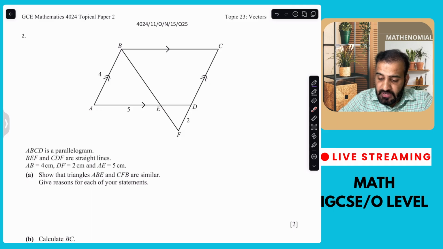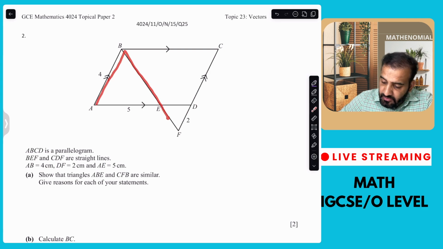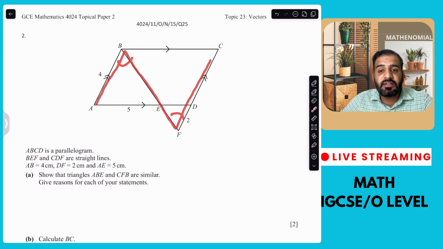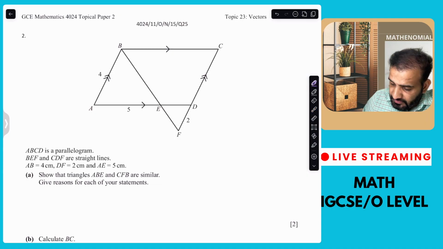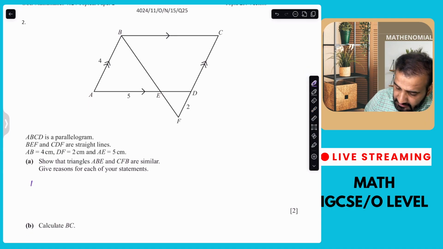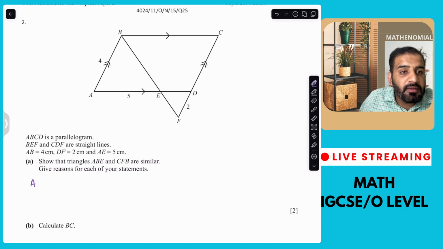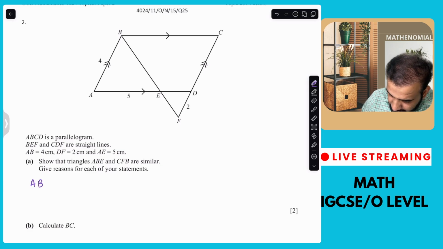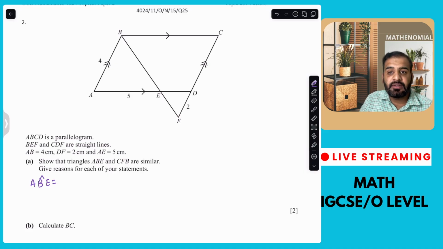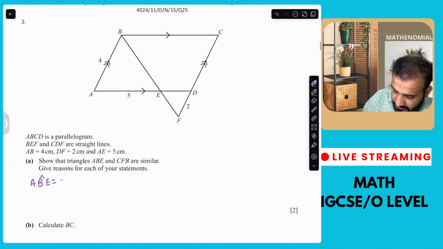Okay. So can we say that these two angles are equal? The answer is yes. Just because of the Z angle, these angles are equal. So first I will say angle ABE is equal to angle CFB.